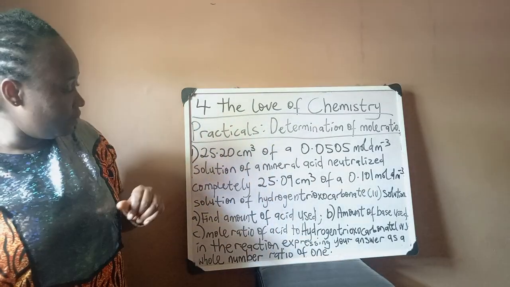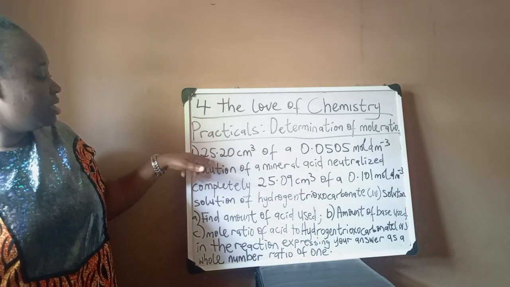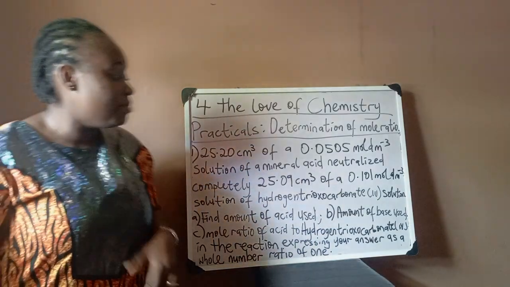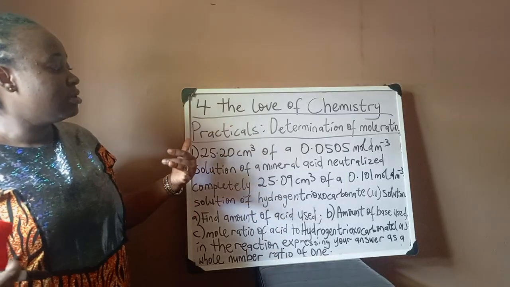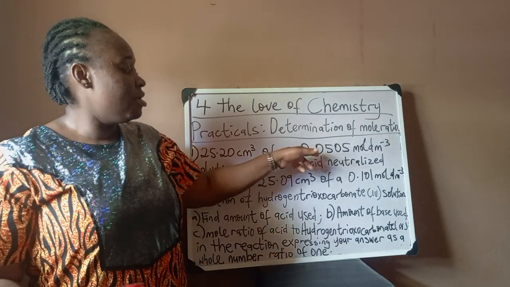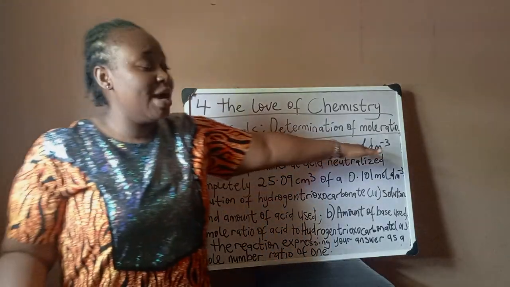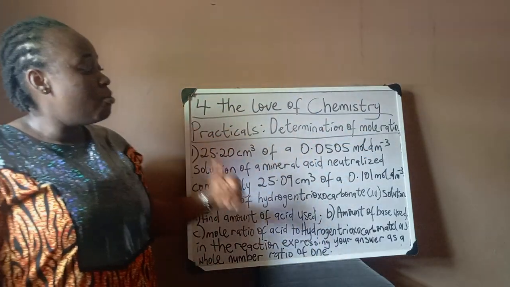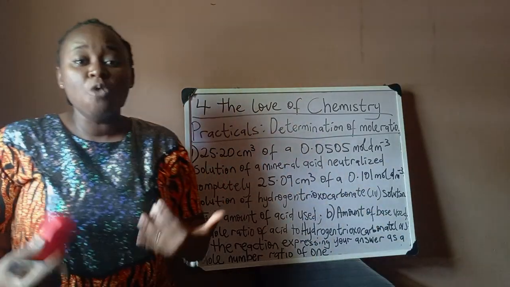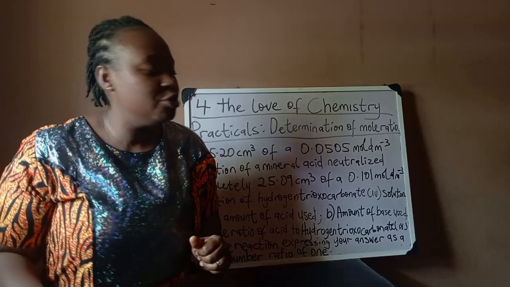Now, let's look at the question. We are given that the volume of the mineral acid is 25.20 cm cubed, and the molar concentration is 0.0505. How do we know that it is molar concentration? Look at the unit. The unit says mole per dm cube, and we know that the unit of molar concentration is mole per dm cube.